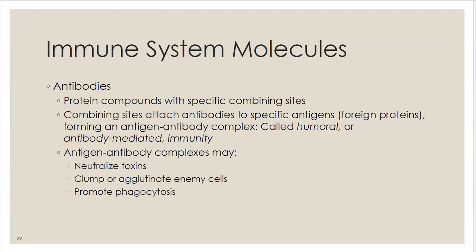Neutralization is when antibodies bind to toxins released by pathogens, preventing them from harming the body. Clumping, or agglutination, is when antibodies cause pathogens to stick together, which makes them easier for immune cells to target and destroy. Then you have promotion of phagocytosis. Antigen-antibody complexes enhance the efficiency of phagocytes by marking invaders for destruction.